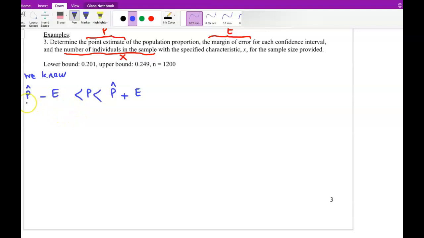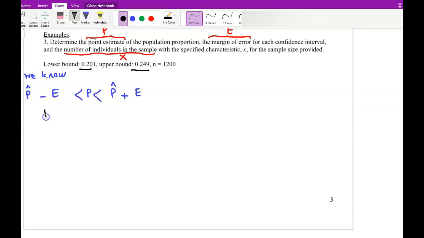So on the left side we have lower bound, and here on the right side we have upper bound. Okay, then we should find p hat. So to find p hat, the only thing that I have is lower bound and upper bound. I don't have any information about p hat and this error. So how we can find p hat?